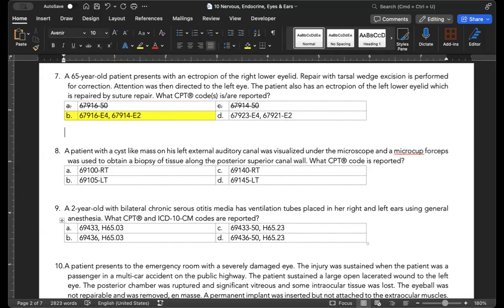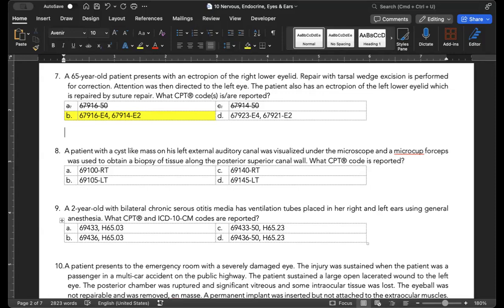So let's go look at the 69100 and 105. 69100 is biopsy of the external ear. 69105 is biopsy of the external auditory canal.